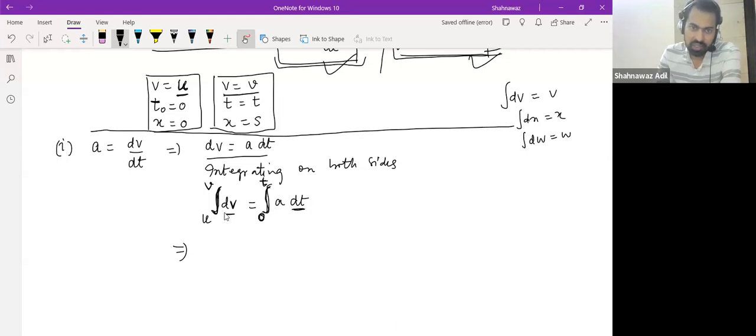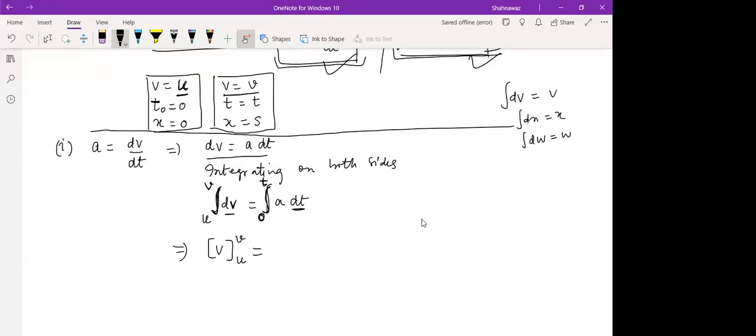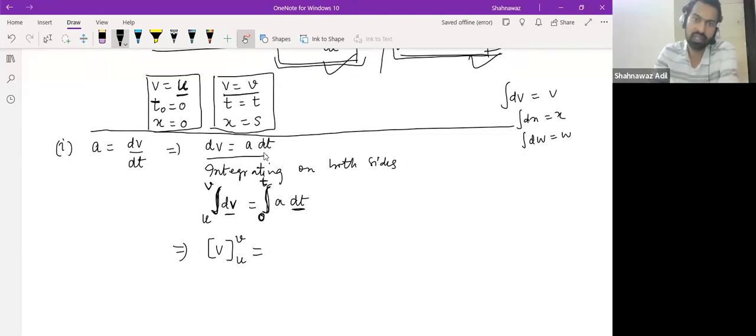So integration of dv would be v, and then we put the upper and the lower limit. And is a constant or variable? Constant. That is why we get the equation of motion, because this is constant, so we can take it outside, and then this becomes the integral from 0 to t of dt.